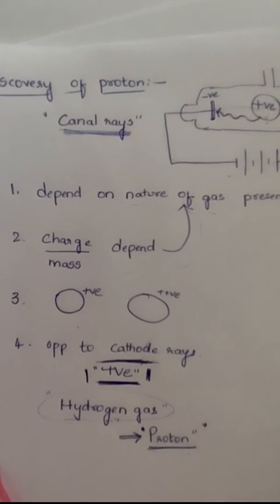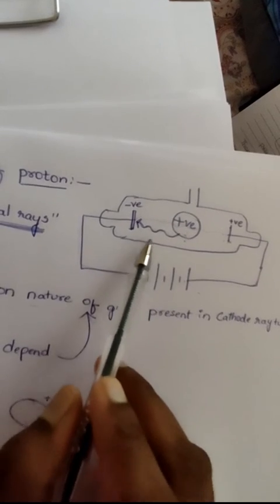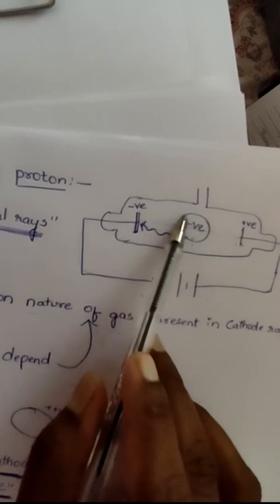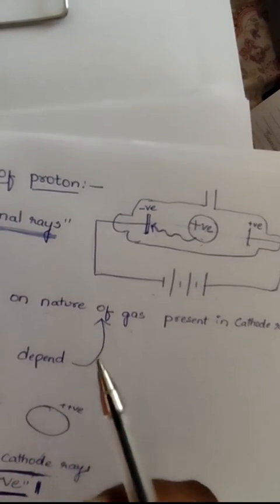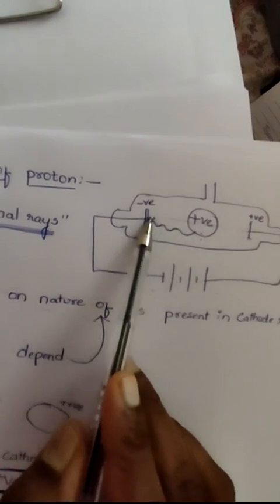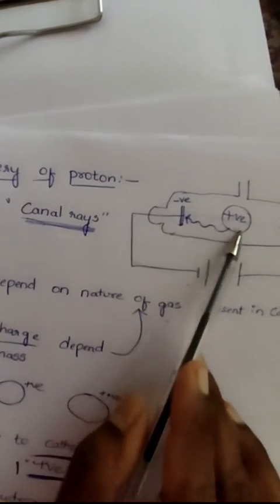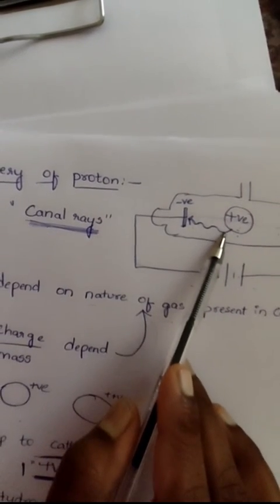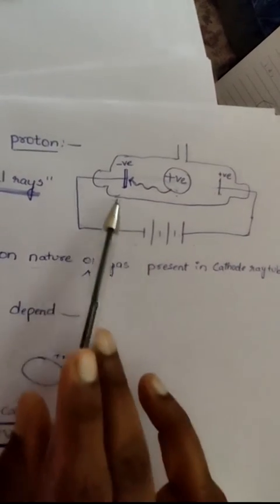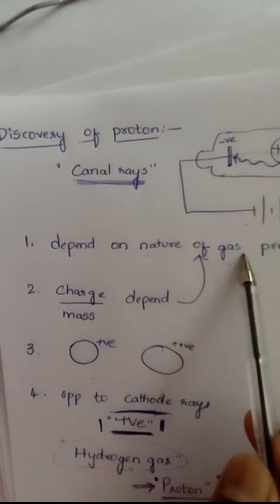So when any gas is placed in the cathode ray tube and electricity is passed, the gas emits some sort of rays under low pressure and high voltage, and they move towards the cathode. These are canal rays, and as they move towards the cathode, they are positively charged. This positive charge depends upon the nature of gas present in the cathode ray tube, and the charge by mass ratio also depends upon the nature of gas.